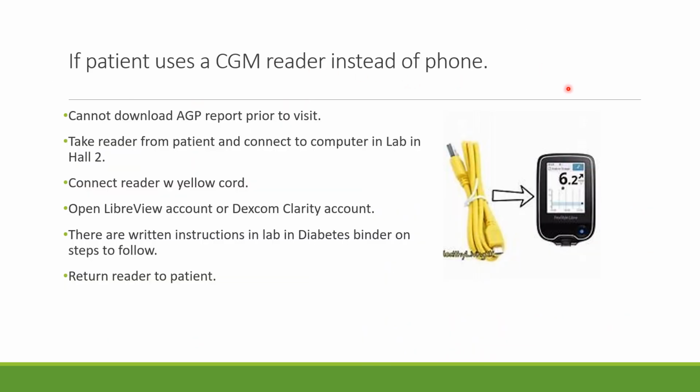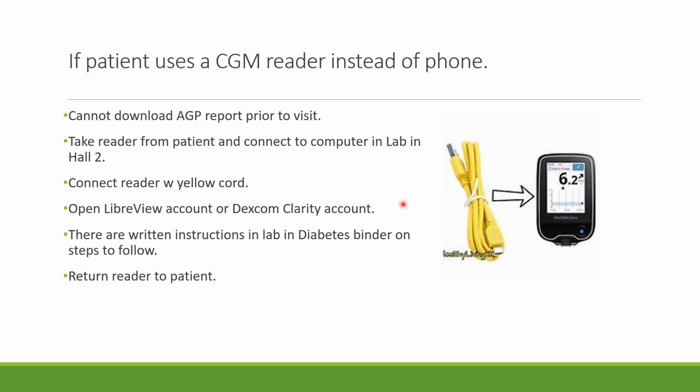If the patient is using CGM and they're not using their smartphone, but they're using a reader, we cannot download this data ahead of the visit. You have to do it right during the visit. And what you'll do is you'll collect the reader from the patient, and then you have to go to the computer in the lab in hallway 2, connect the reader with the yellow cord to the computer, and then open up the LibreView or Dexcom Clarity account, and then do the downloads from there.